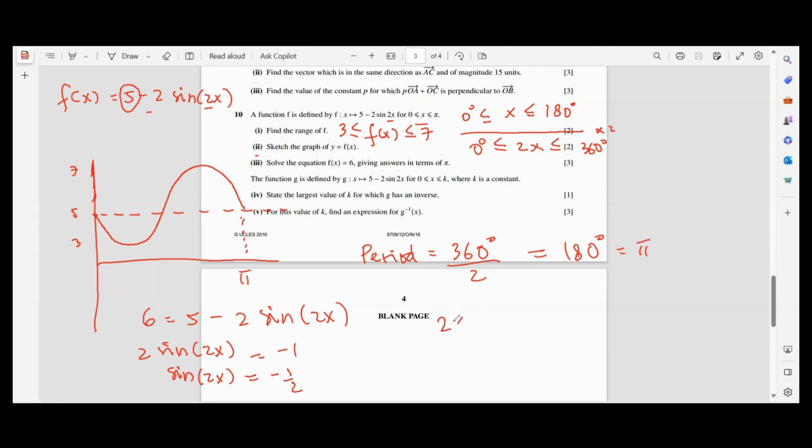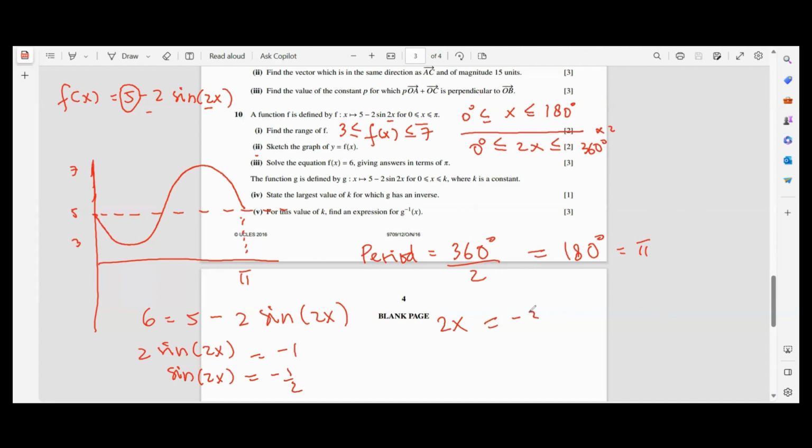So for 2x, actually, if we find it from the calculator, sine inverse of minus half, minus 0.5, we get minus 30 degree.